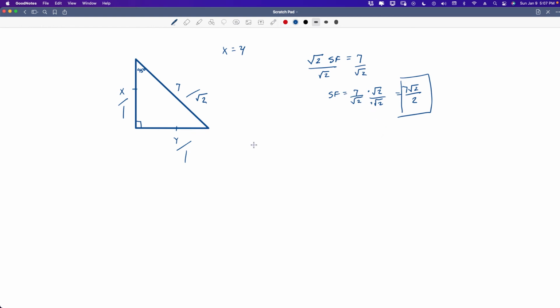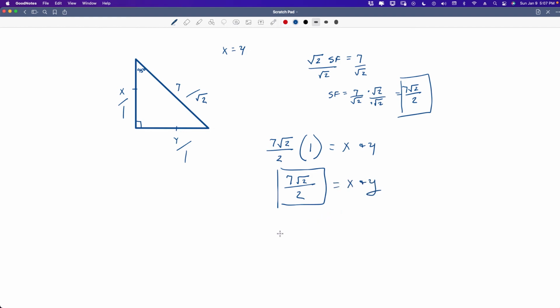Now we can find x and y because we can multiply this times 1 to get x and y. So therefore, 7 times the square root of 2 over 2 times 1 is equal to x and y, because x and y both equal 1. So this is the value of x and y.